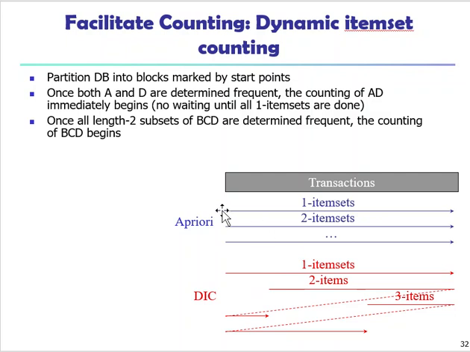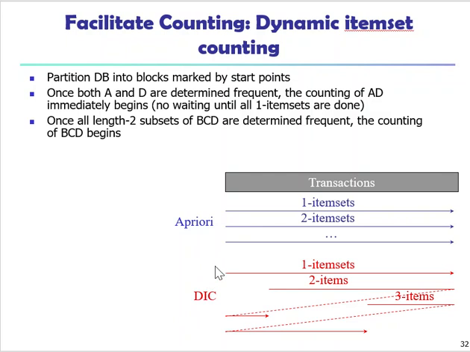The original Apriori method scans the database to find the count for all one-item sets, then generates the two-item sets and starts a fresh scan through the database. Dynamic item set counting does things a little bit smarter.